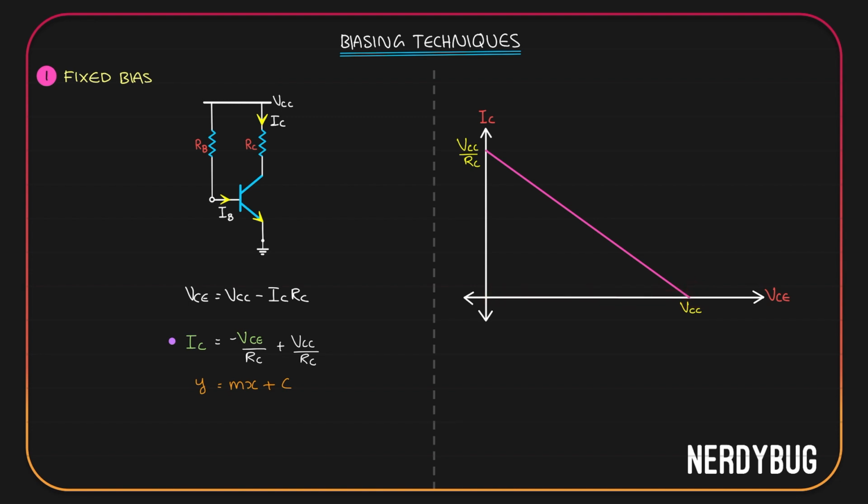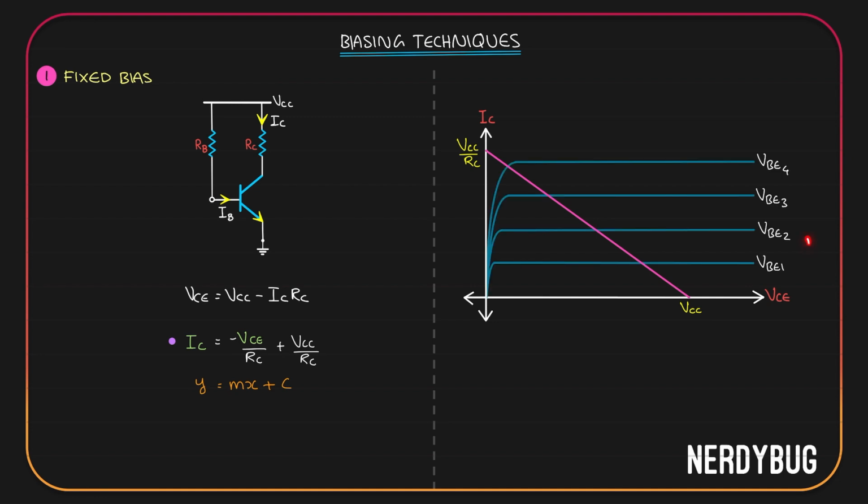If you remember, we had plotted another graph of IC versus VCE. It looked like this. We saw that for different values of base emitter voltage, the collector current saturated to different values. By overlapping the two graphs, this is what we have to understand. For example, assume you gave VBE3 for your base emitter junction.